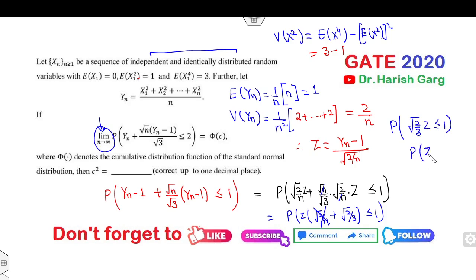So that means z is less than or equal to root 3 over 2, which is nothing but my phi of root 3 over 2. If you compare, c is my root 3 over 2 and they are talking about c square. Answer is 1.5, the right answer of this problem. You can see that it's a very simple approach. You can get your answers in a very easy manner.